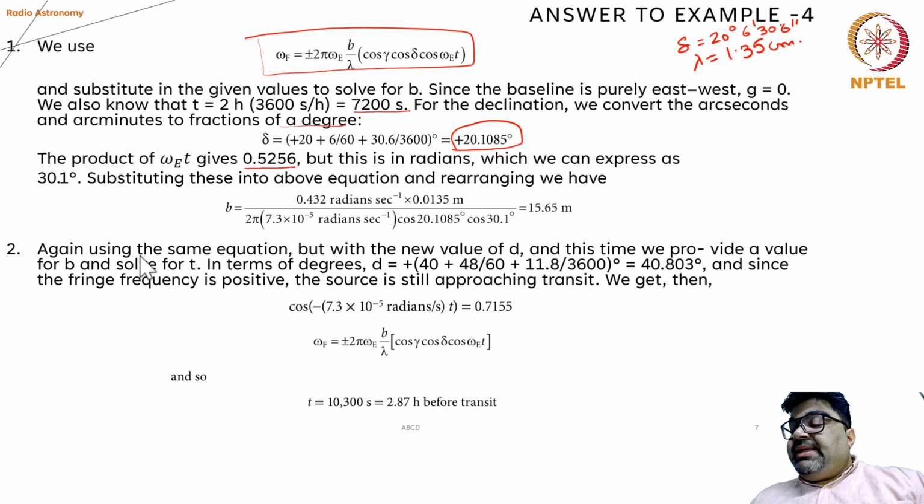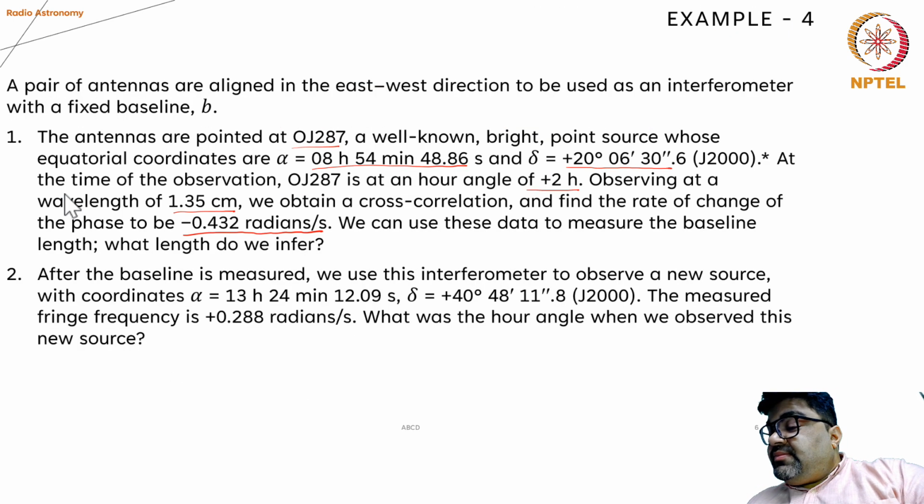The product of omega E times time gives you 0.5256, which can be expressed as 30.1 degrees. Okay. So 0.432 is radians per second.